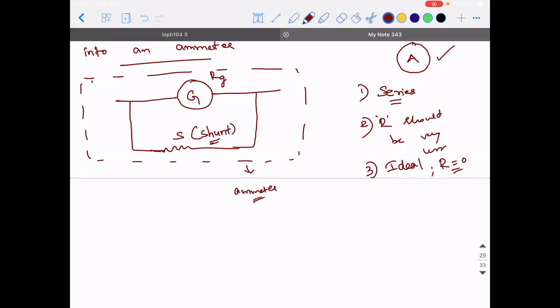See, shunt generally means parallel. Don't use a phrase like a shunt resistor is connected in series. No, that is grammatically wrong. So shunt itself means parallel. When I connect a shunt resistance across the galvanometer, should the value of shunt resistance be more or less?